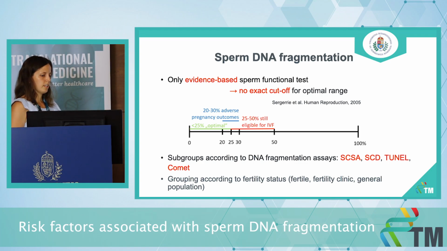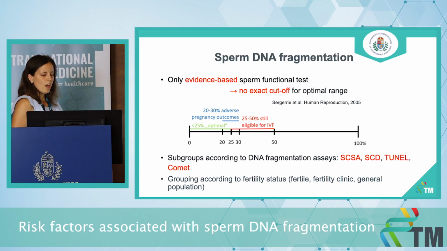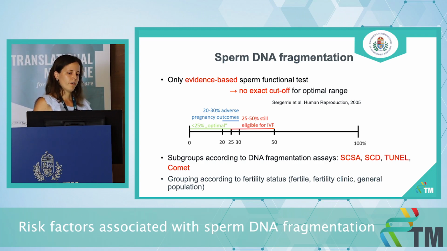fragmentation. We might expect adverse pregnancy outcomes, but between 25 and 50% of fragmentation, patients are still eligible for in vitro fertilization treatment. From this, it is obvious that when defining what we consider to be a clinically relevant result, we had difficulties determining it, and we set it at approximately 10% of change or difference for the different groups.